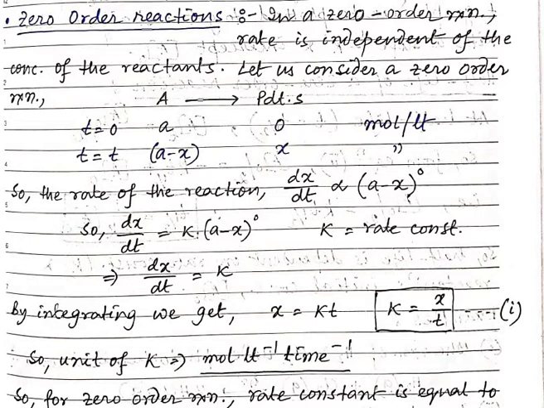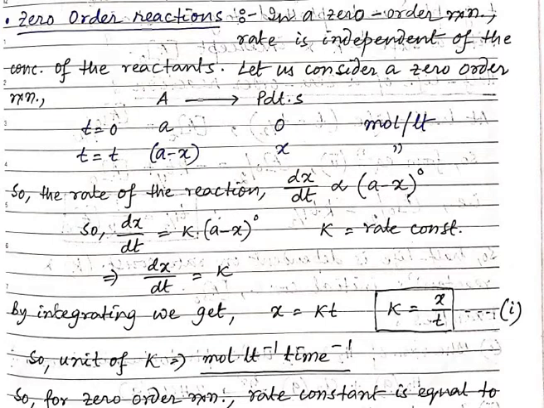Why 0? Because that is our zero order reaction. If I talk about the first order reaction, you have to write dx/dt is proportional to a minus x whole to the power 1. For the second order reaction, dx/dt is proportional to a minus x whole squared. In this case, the zero order is there, so dx/dt is proportional to a minus x whole to the power 0.